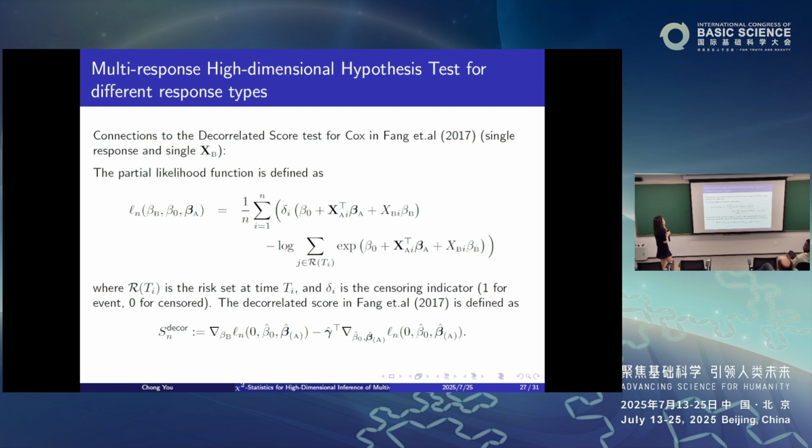So the idea of the decorrelated score, as we explained before, is to sort of remove the correlation between score vector components. So this gamma hat here is just the correlation, the coefficient between XA and XB. Okay, we find our method has a close relationship to this method.